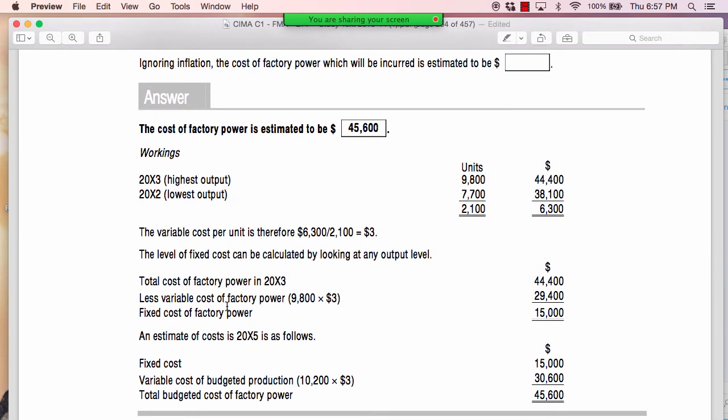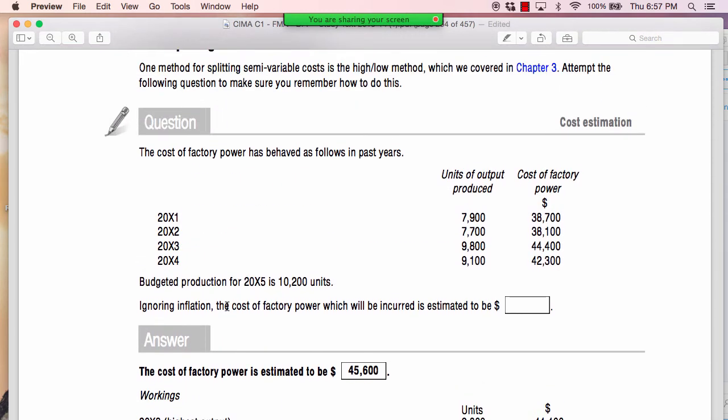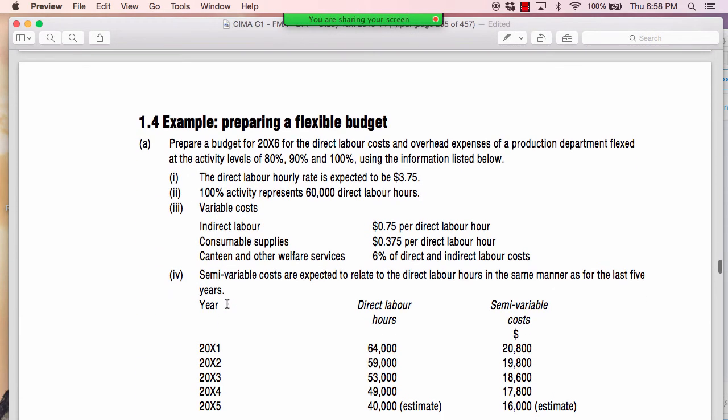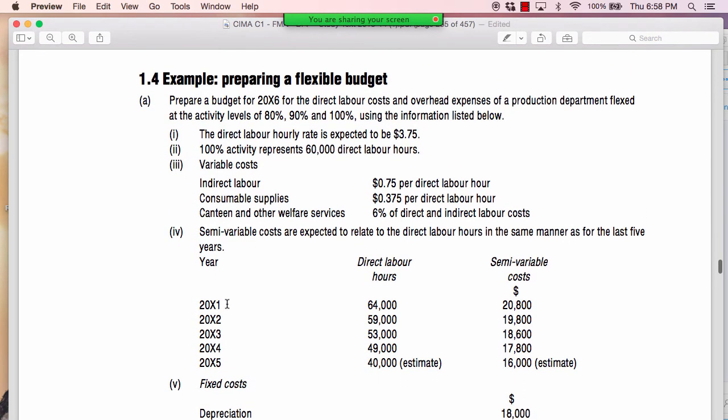Okay, so I will give you this example as well as part of your slide deck, right? If a question like this is given, where they give you the output and the cost for a number of years, you will simply take the highest and lowest, find out the cost per unit, and then multiply by the 10,200 for the number of units, right? Now, this is an example of preparing a flexible budget, right?